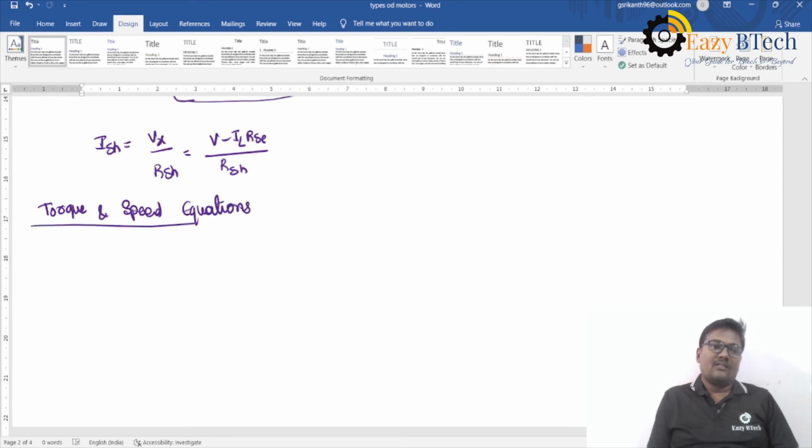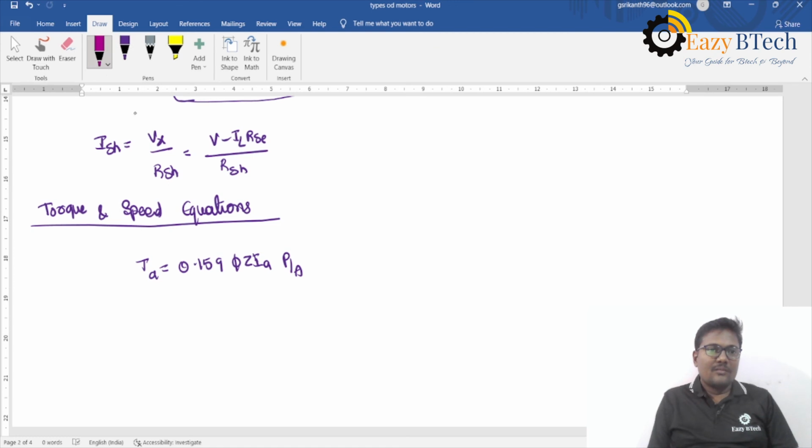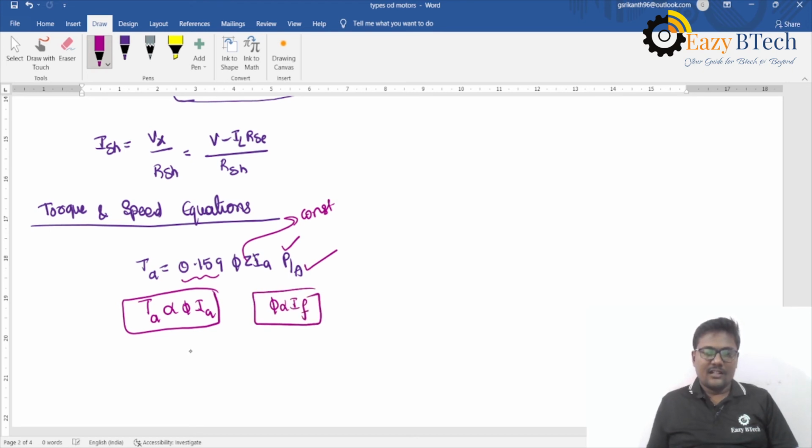Torque and speed equations. So armature torque TA is equal to 0.159 into phi Z into IA into P by A. Once design is over, number of poles is constant, number of parallel paths is constant, number of conductors is also constant, 0.159 is also constant. Then the armature torque is directly proportional to flux into IA, where flux is directly proportional to field current.